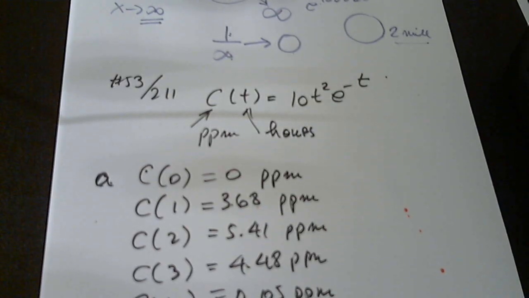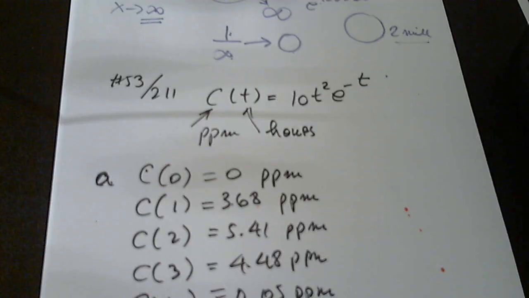Yes. Okay, perfect. Then at 2, I'm sorry, at 2 is 5.41. 1, 2, 3, 4, 5.41. Yes, I see it. And so on and so forth. And then it approaches 0. Gets closer and closer to 0. Perfect. So that's the graph.